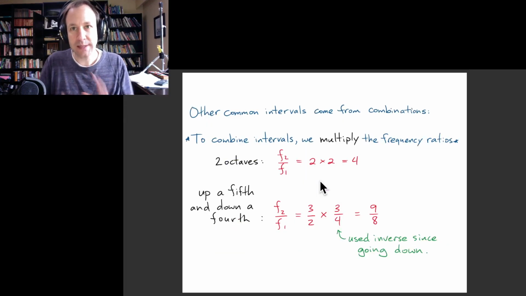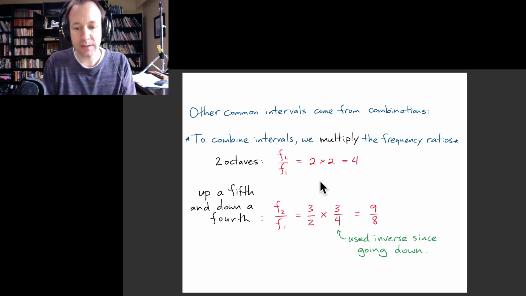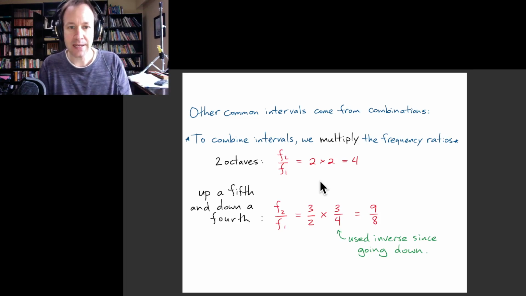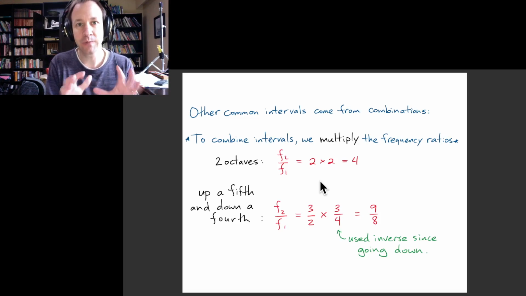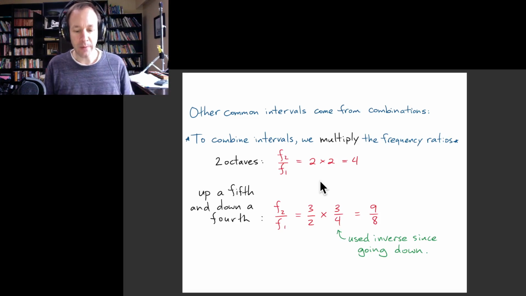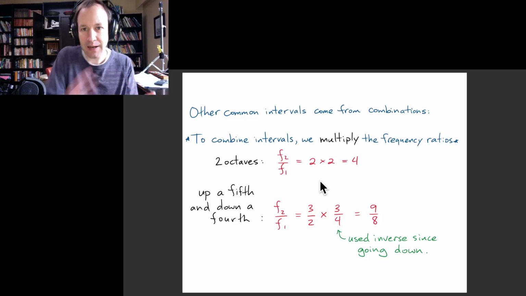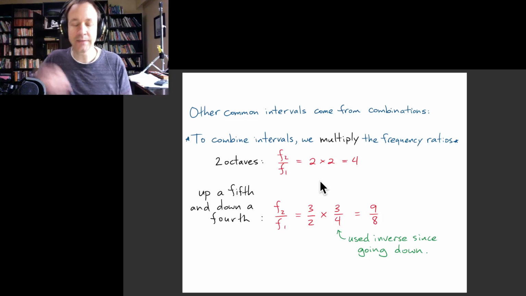Okay, so when we think about starting with these intervals, and then constructing scales out of those musical intervals, a useful concept will be the idea of combining two intervals. We can do something simple like take an octave and then go up another octave.